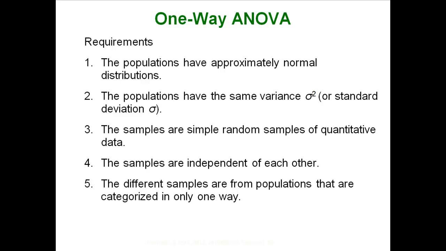The populations have the same variance or standard deviation. The samples are simple random samples of quantitative data. The samples are independent of each other. And the different samples are from populations that are categorized in this one way only. We're only breaking them up into groups based on one category or one characteristic.